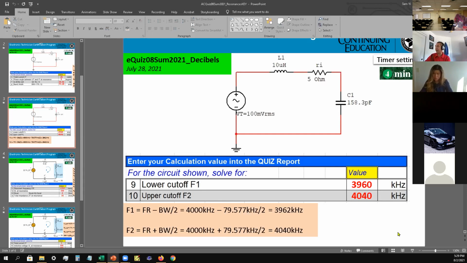At the end of the day, if whoever it is requests the answer in kilohertz, convert it to kilohertz for them. Okay. And for consistency, like you said, if you use megahertz, that's fine. You can do it in megahertz, and then convert it to kilohertz at the end. Okay.